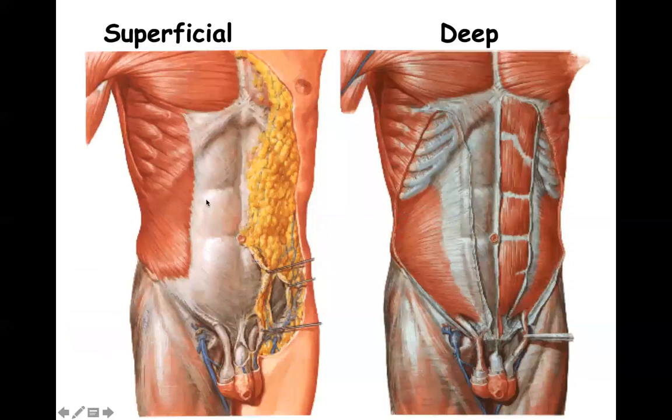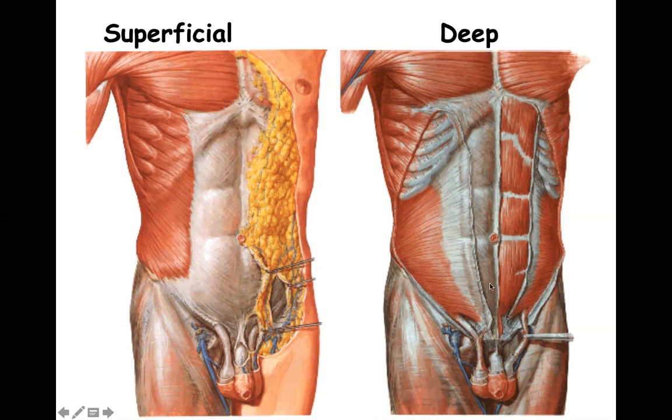So here's another view. On the left is a superficial view. This patient's left is most superficial, with that fatty tissue that's overlying the aponeurosis of the abdominal oblique and the rectus abdominis. So here you can see external abdominal oblique and its aponeurosis traveling over rectus abdominis. There's a little view of serratus anterior up there and pectoralis major.